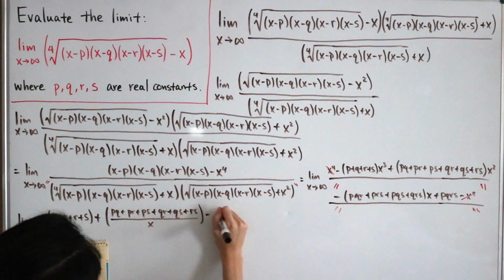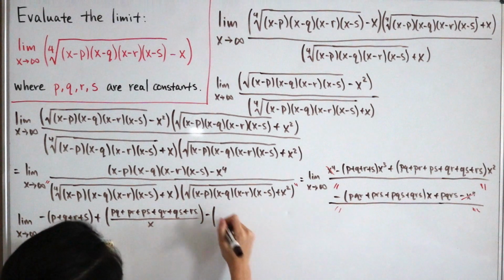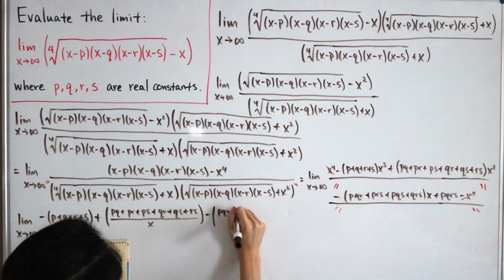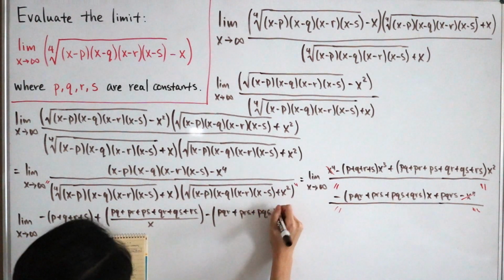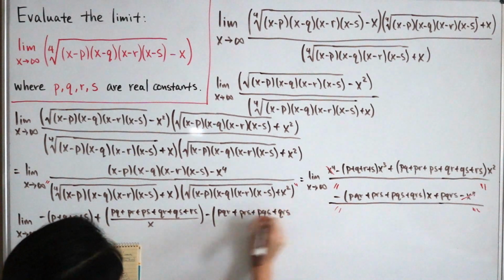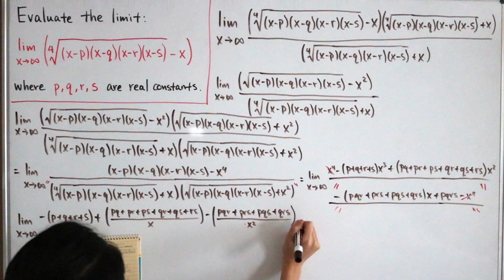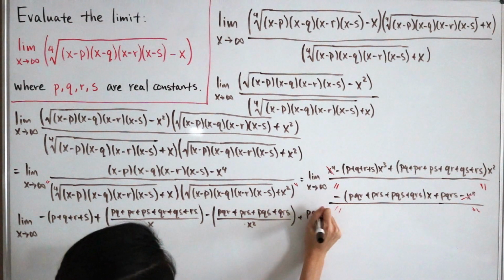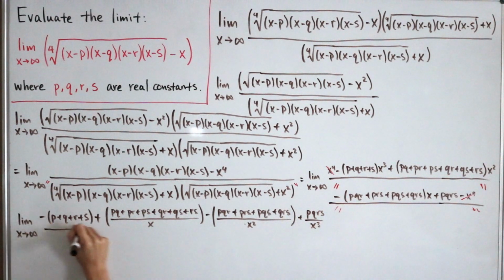Then the next term we have, divide that by x cubed, so x squared is on the denominator, so we have pqr plus prs plus pqs plus qrs, and then divided by x squared. Then down below, the next term is pqrs divided by x cubed. Okay, so that's just the numerator over here.